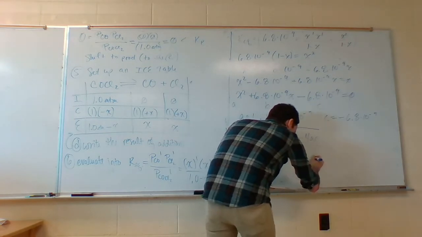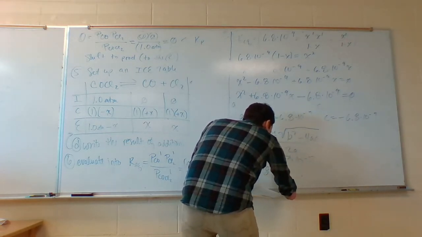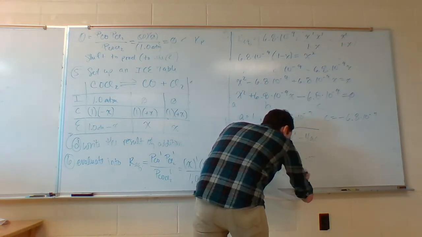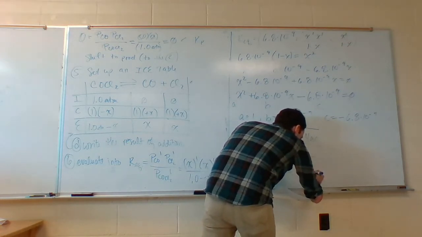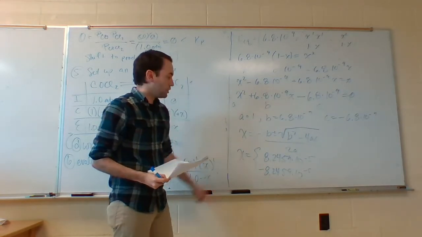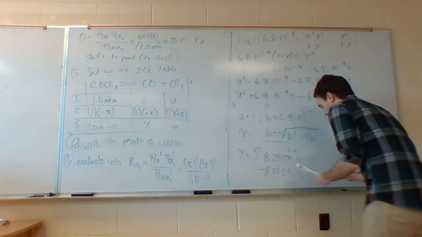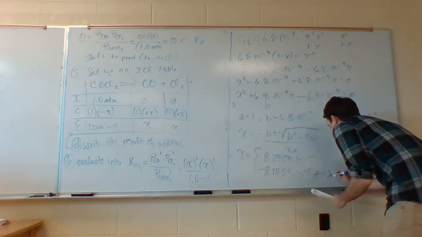And what you will find is that x is equal to 8.2459 times 10 to the negative 5th and negative 8.2459 times 10 to the negative 5th. Now, we have these two as possible solutions. This one is negative. Since it is negative, we can't have a negative pressure.